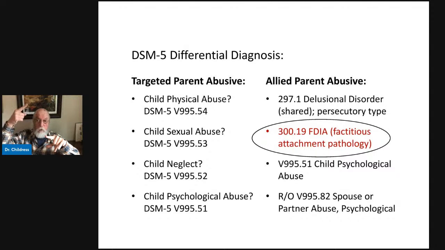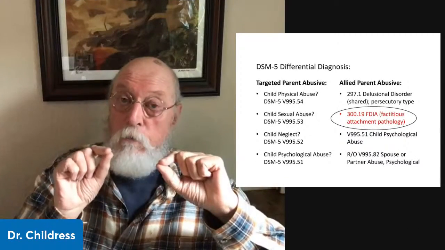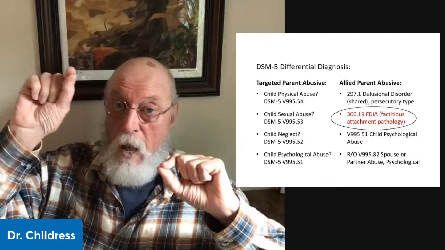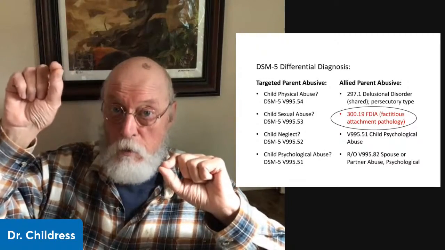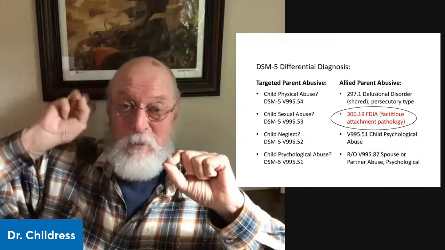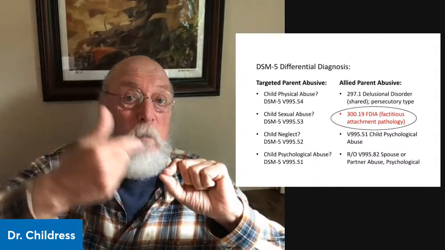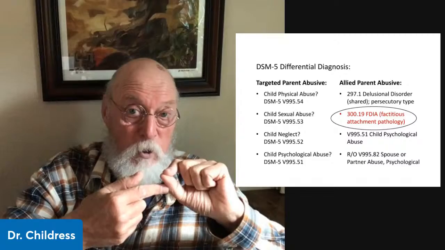Now, you'll also have the delusion there and the child abuse, but with the continued visitation schedule, we are intervening on the allied parents' motivations for creating the pathology. We're taking away those secondary gain motivations so that they will no longer be motivated to produce the pathology in the child.